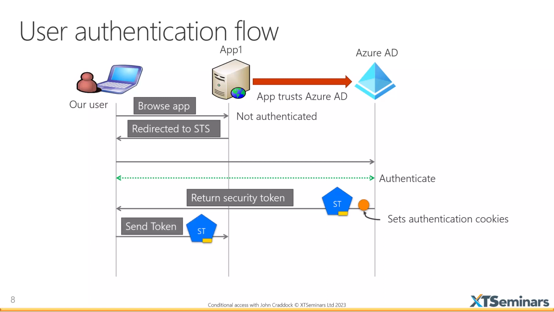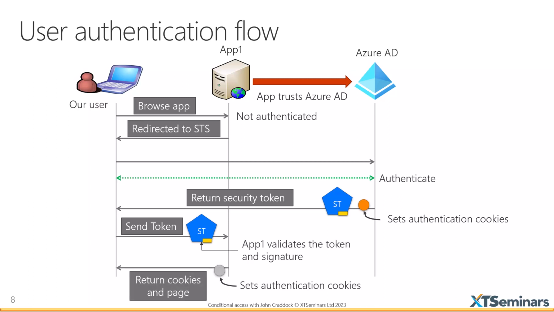Next job is we go back to the application and we present the security token. The security token is proof of authentication of the user to the app. The app will then render back whatever page it needs to render back, having of course validated the token, and then it sets authentication cookies which prove that you're authenticated to the application.